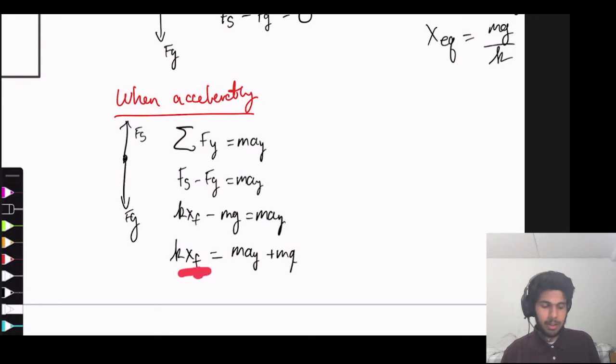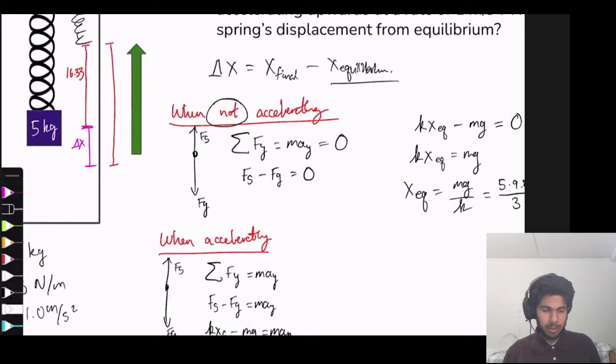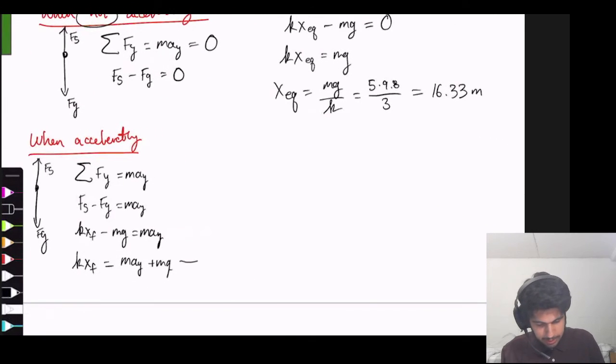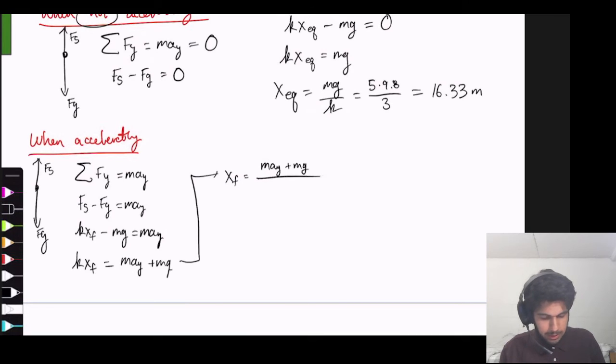And we're solving for x_f, right? Because we want to go back here and plug it in there. So this gives us x_f is equal to m a_y plus mg, all of this over k, and now we can solve for it. M is, I believe, 5, yeah, it's 5.